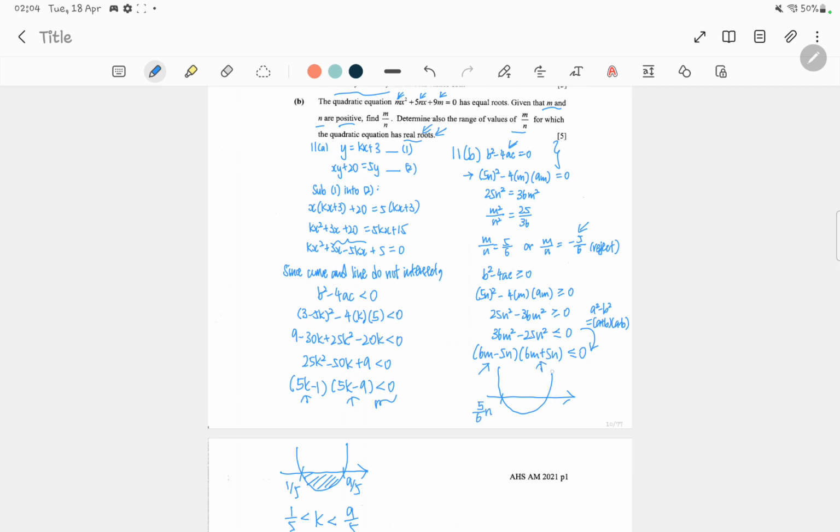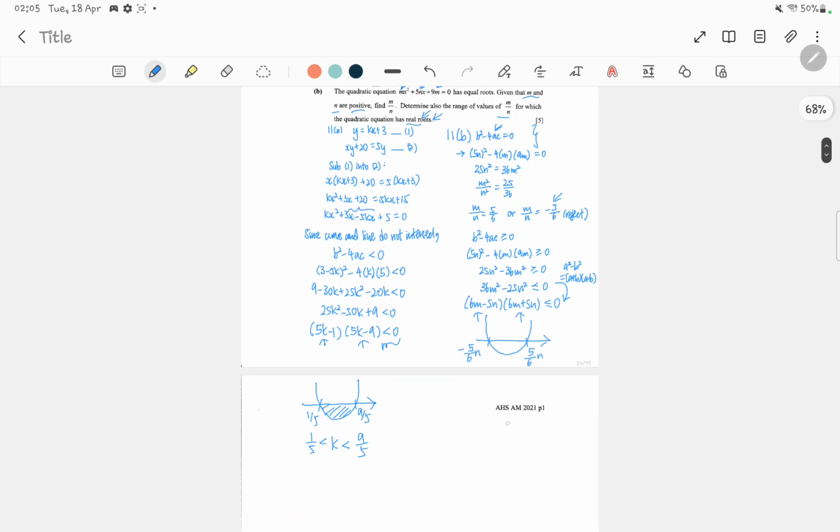Now what makes this 0? Let me do it the other way. What makes this 0? When m is minus 5 over 6n, over here. And what makes this 0? When m is 5 over 6n.